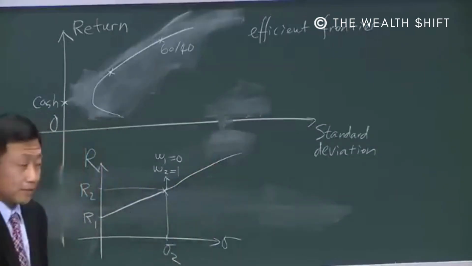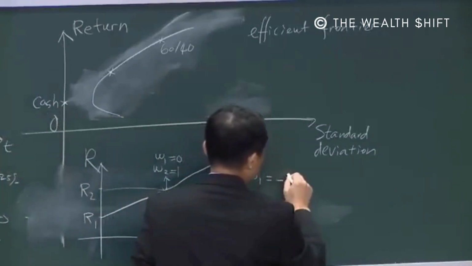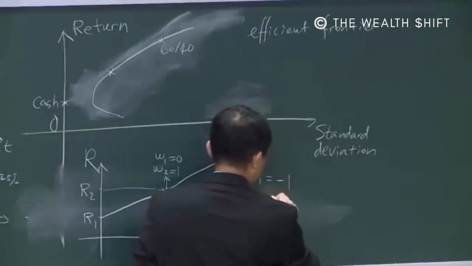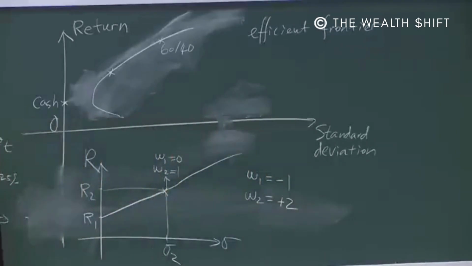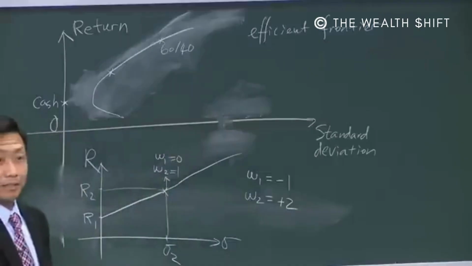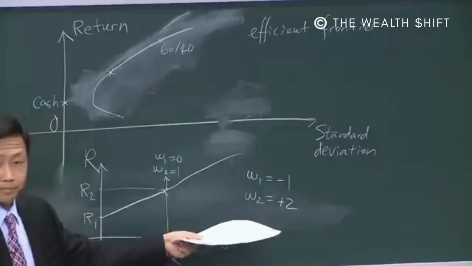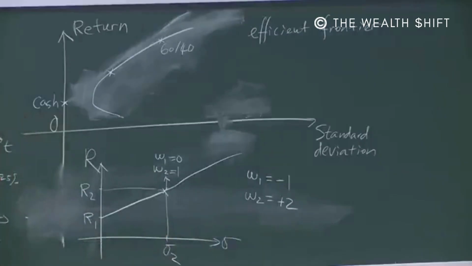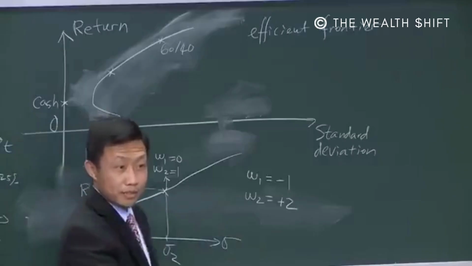What does that mean? Let's say we have W1 equal to minus 1 and W2 equal to plus 2. They still add up to 100%. But what does negative 1 mean? Borrow, right? You went short cash 100%.